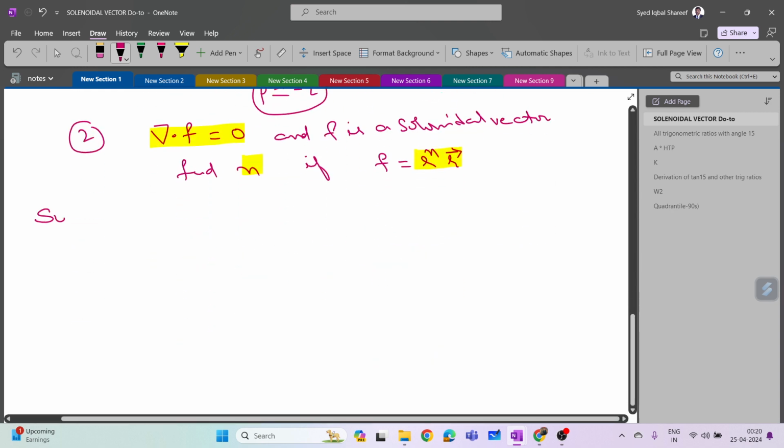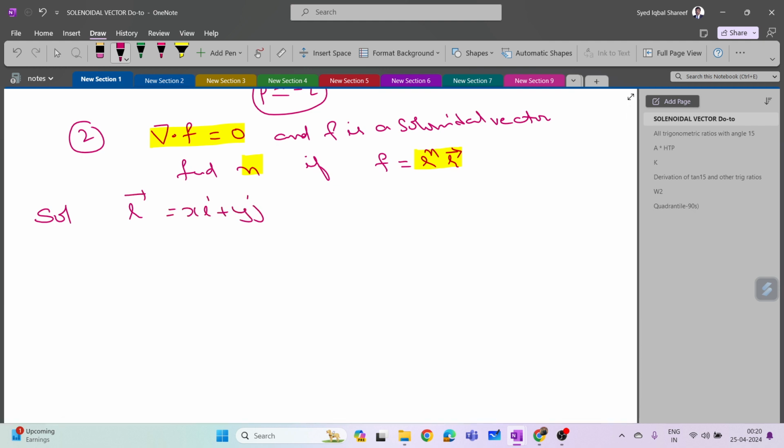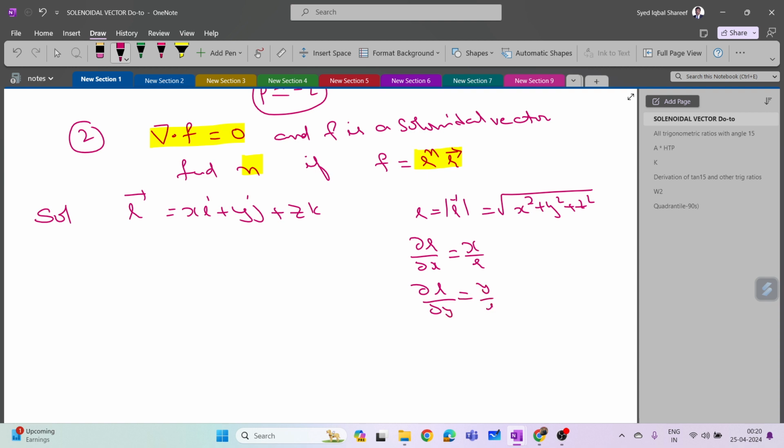See here. Vector r is given by xi plus yj plus zk. Here r is the mod of vector r, which is the square root of x square plus y square plus z square, and dou r by dou x is x by r, dou r by dou y is y by r, dou r by dou z is z by r.